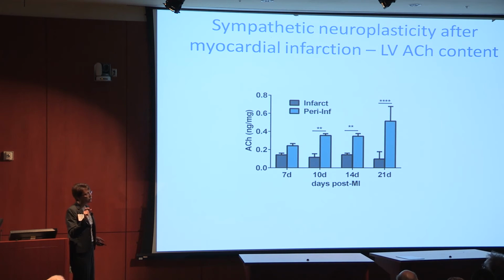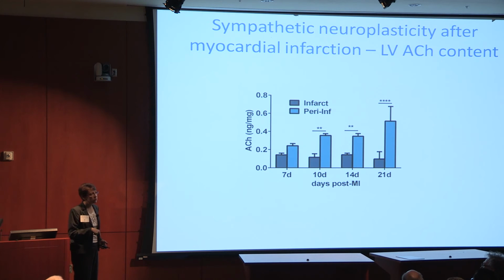These dissections are a little bit quick and dirty because acetylcholine is very labile, but we work under a dissecting microscope, keeping the tissue as cold as possible, to basically eyeball the scar and the area around the scar. And we do see significant increases in acetylcholine in the peri-infarct ventricle.